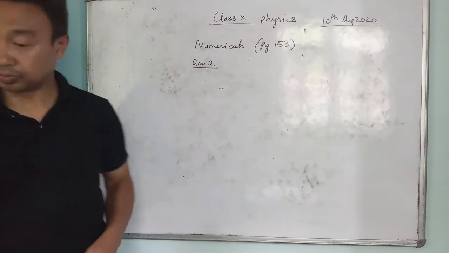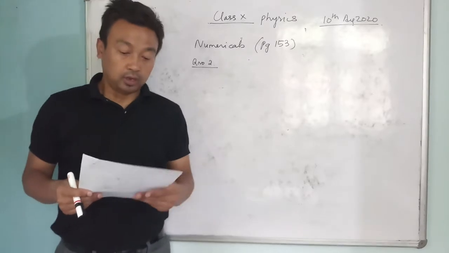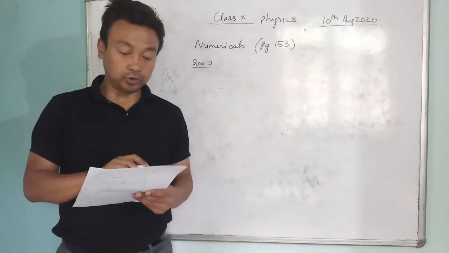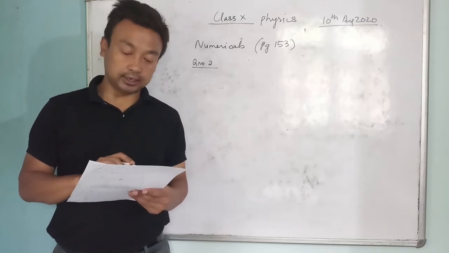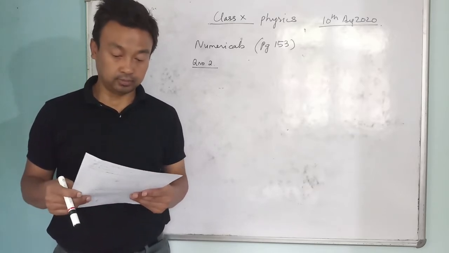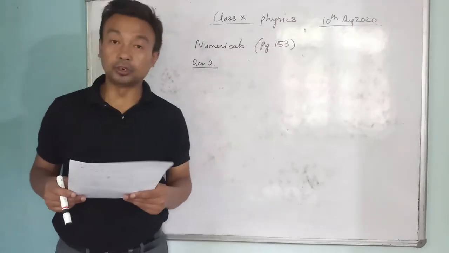Question number 2. Let me read it. Calculate the minimum distance required between the source of sound and the obstacle to hear an echo.